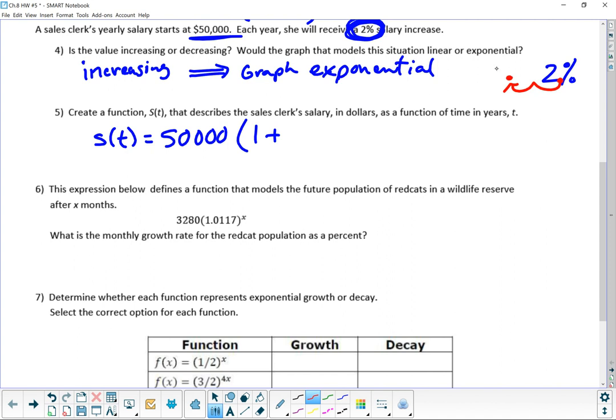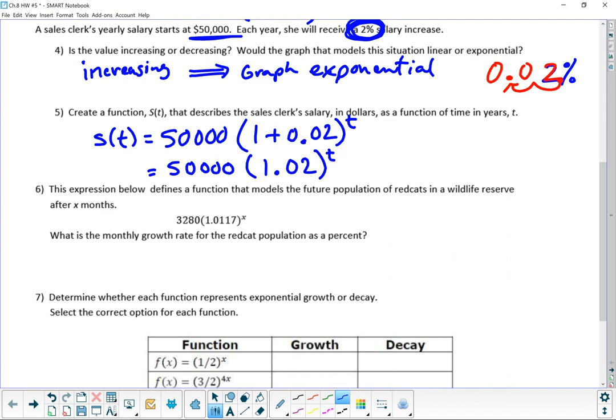It's going to look like 0.02. So it'll be 1 plus 0.02, and this is to the t power. Okay, again, if you want, you can combine it and do it as 50,000 times 1.02 to the t power.